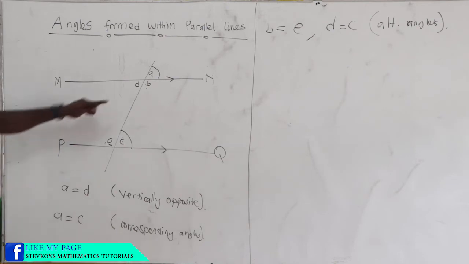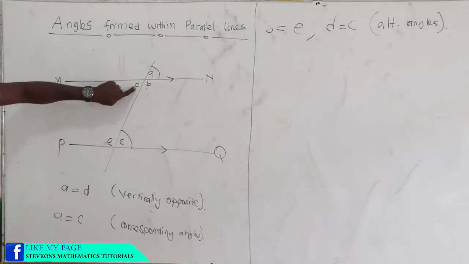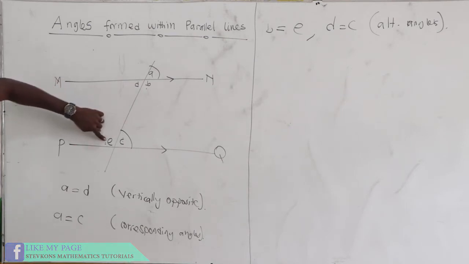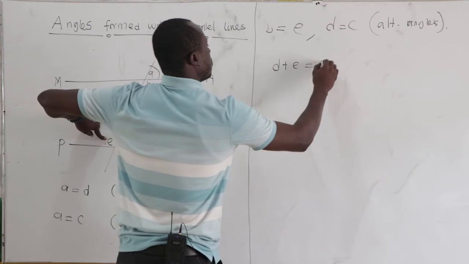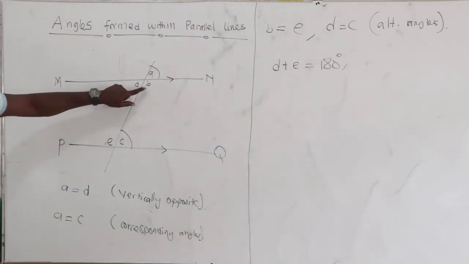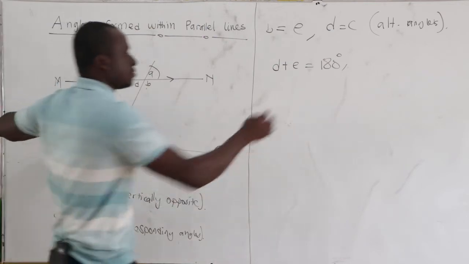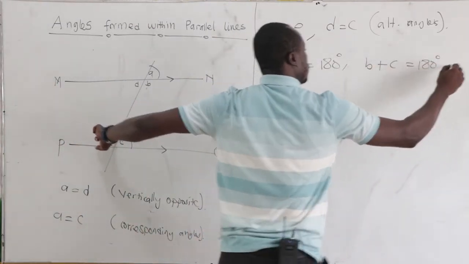Now, what again? If you have two parallel lines, angle D plus angle E is equal to 180. So we say D plus E equal to 180 degrees. The same with B plus C. B plus C equal to 180 degrees. How do we call it?